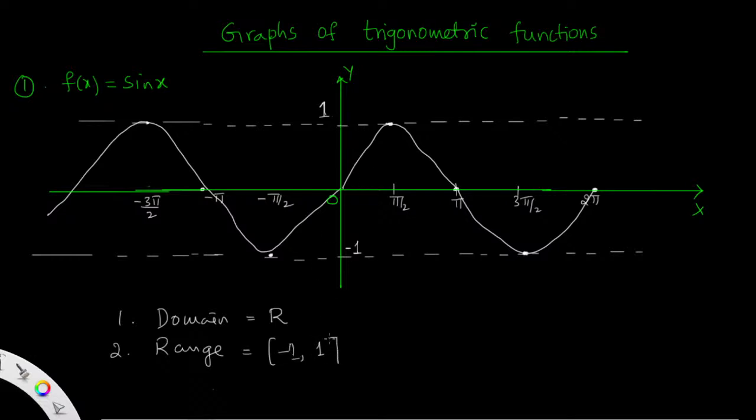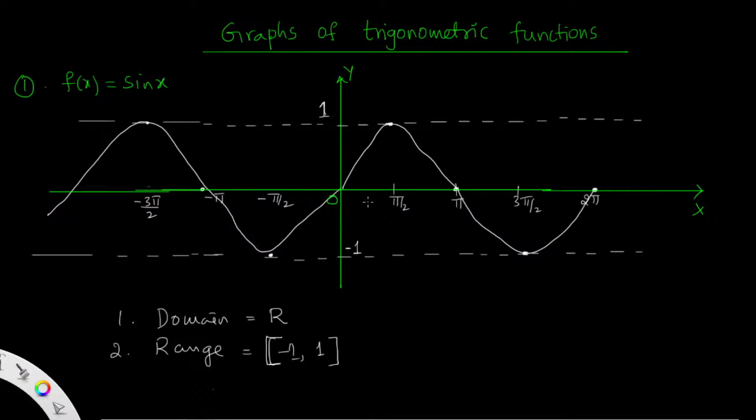The range is nothing but the output values on the y-axis, while the domain is every value of x. So x belongs to all values it can take on the x-axis, but y values always lie between positive 1 and minus 1, that's all.